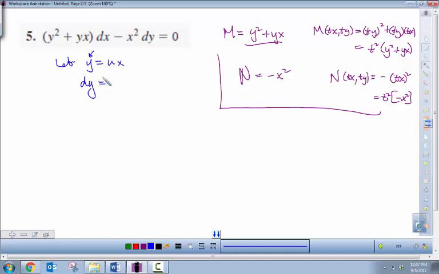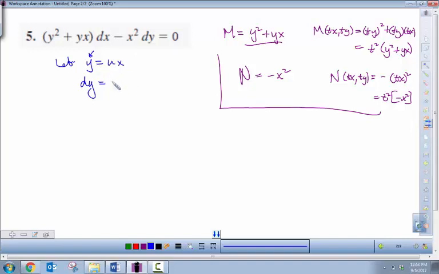So we're taking the derivative of u times x, and we have to assume that u is a function of x and x is a function of x. So what's dy equal to here? Derivative of first times the second plus the first times the derivative of the second.